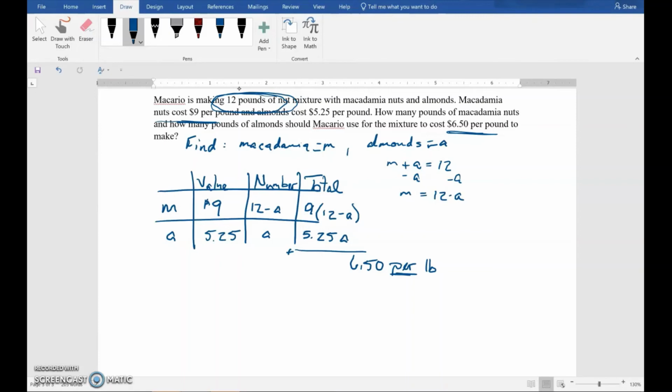Well, we're talking about a total here, right? And so we're looking at this per pound is times the total pounds. And so what's the total number of pounds is back up to this 12. And so this $6.50 per pound is really going to be $6.50 times the 12 pound total.